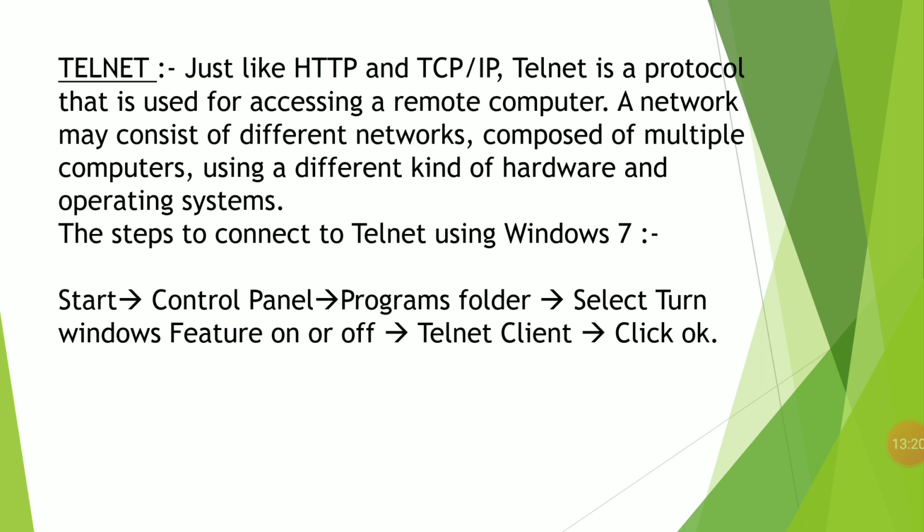After getting this option, select Telnet Client, then click on the OK button. Your machine automatically configures the Telnet client and you are able to access the Telnet server remote machine from your computer. So these are the small steps you need to follow if you want to access Telnet from your machine.